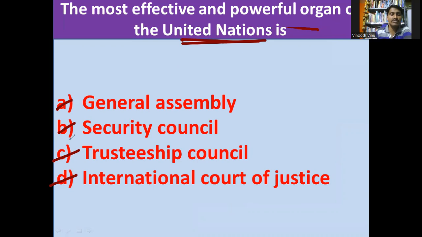Very importantly, option B Security Council is the right answer because it is the powerful organ of the United Nations. The P5, powerful five countries, maintain this. Only the top five powerful countries maintain the decisions regarding international disputes or international activities.